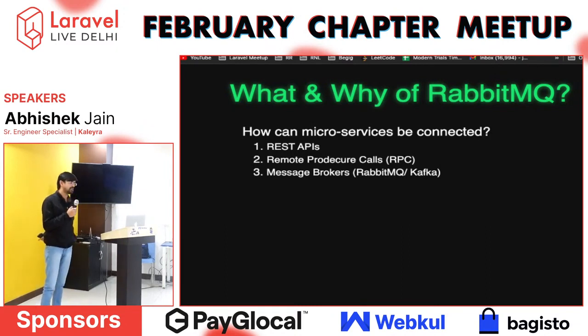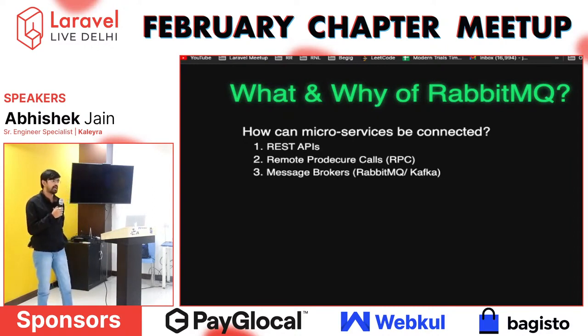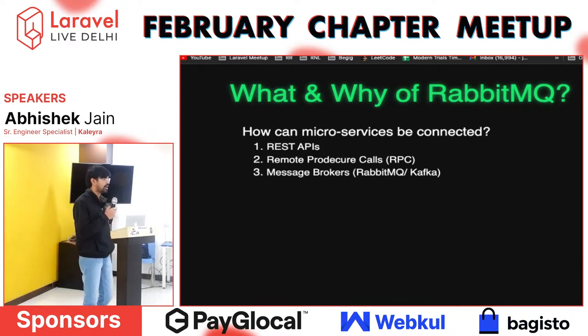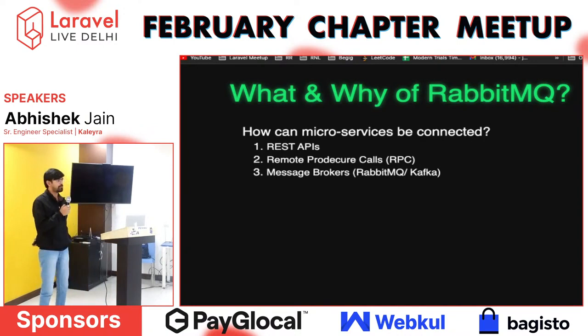We have HTTP API calls as usual. We have remote procedure calls, and we have message brokers, which is RabbitMQ and Apache Kafka. So apart from that, let's move on to why we have RabbitMQ.